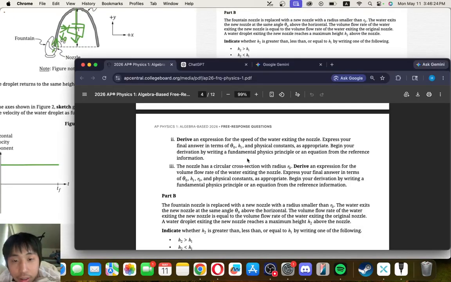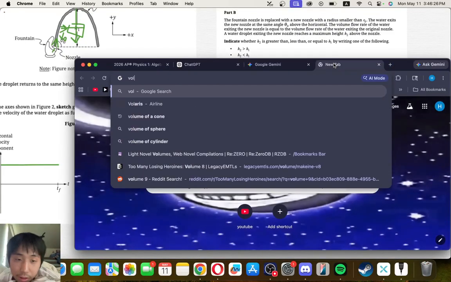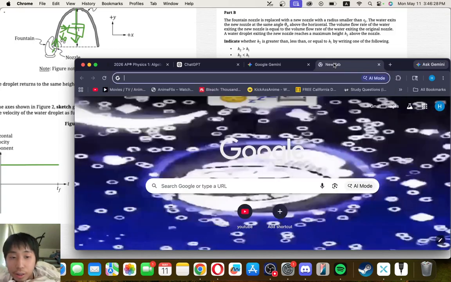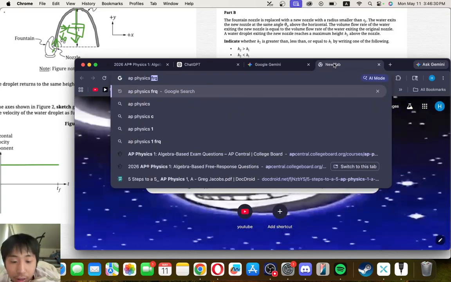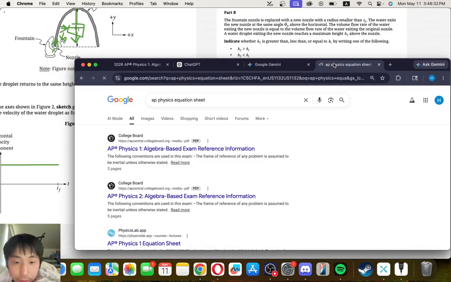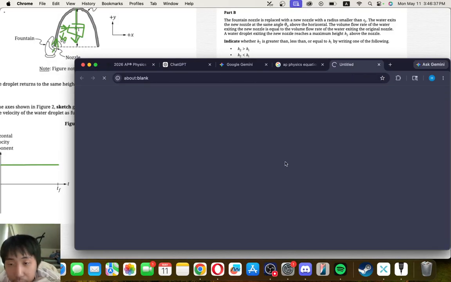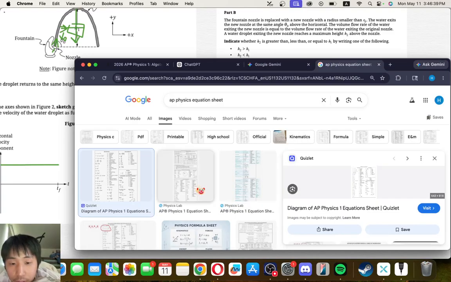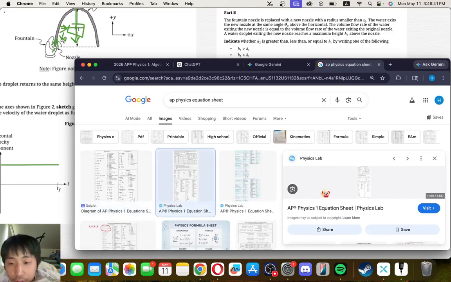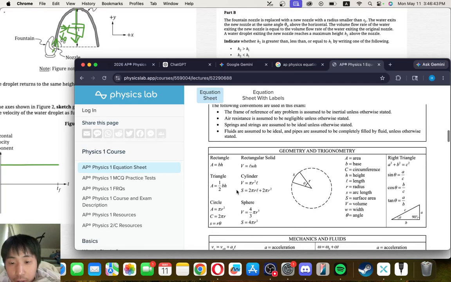Oh my god, I'm gonna search this up. Volumetric flow rate. Oh yeah, I'll just search it. AP Physics equation sheet. Oh my god. Give me a better freaking image. Okay.